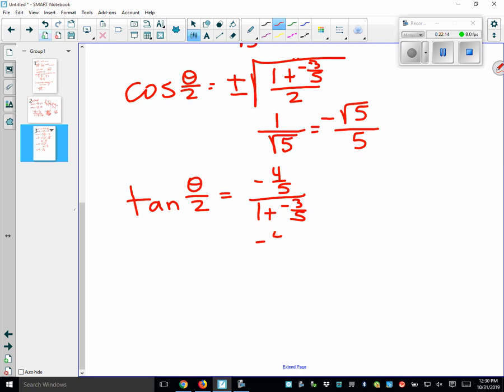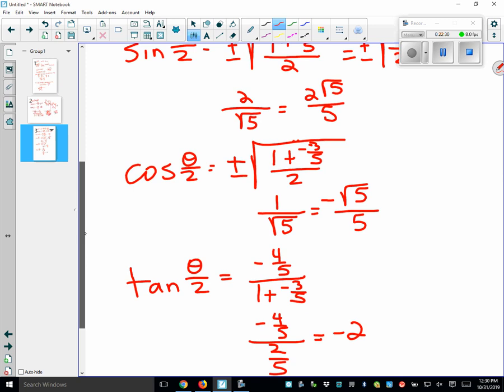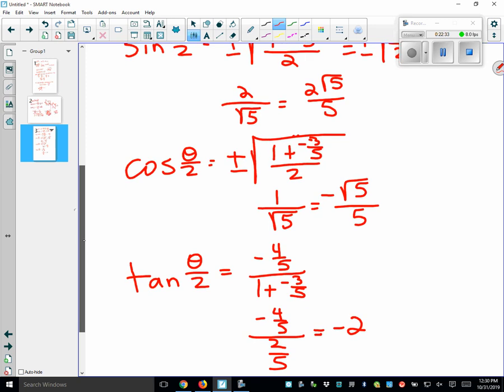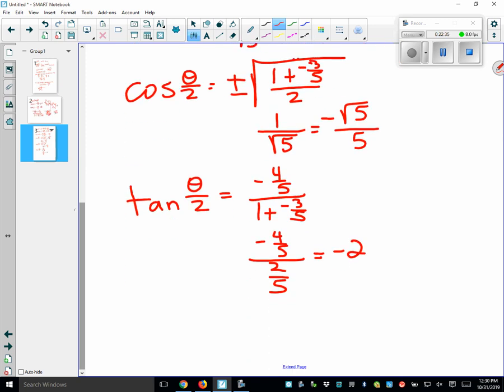Isn't that negative 4/5 over 2/5? Which is sine over cosine? How did I do that wrong? 4 over 5 times 5 divided by 2, don't your fives cancel? 20 over 10, that's better. We good with that?